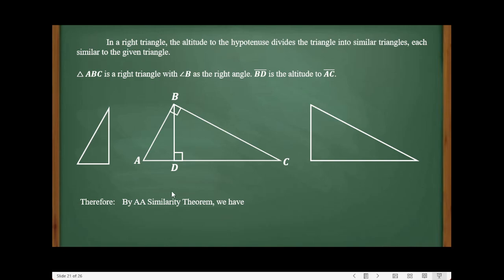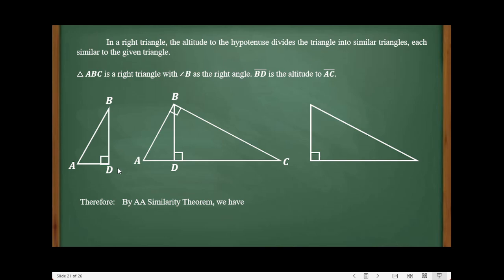So what I just did here is I removed those two parts from the entire original right triangle. The smaller part is this one, and the bigger part is this one. Okay, and what are the names of those parts?